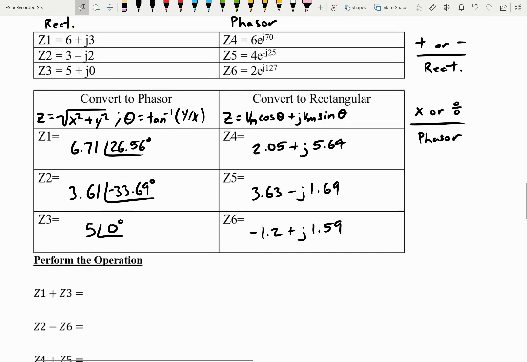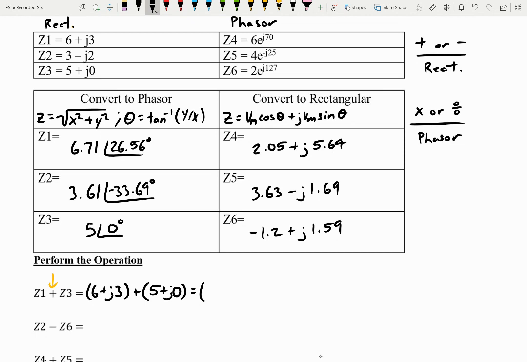All right, so let's look at our first operation. So our first operation has us adding the vectors z1 and z3 together. Okay, so since we are adding, we're going to use rectangular. So z1, 6 plus j3 plus z3 is 5 plus j0.